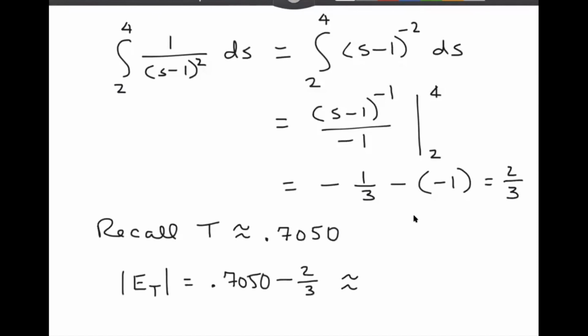That comes out to about 0.0383, which is less than 1/4, actually a lot less than 1/4. But remember, the upper bound is exactly that. It's an upper bound. It's guaranteeing that the error is no more than 1/4. Often it's a lot less. So that upper bound is just sort of a worst case scenario. That takes care of the first part of that example.